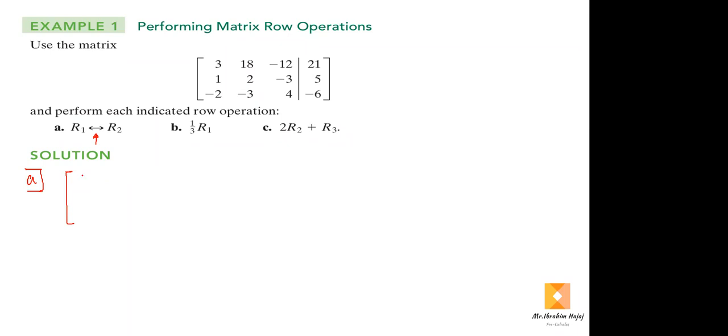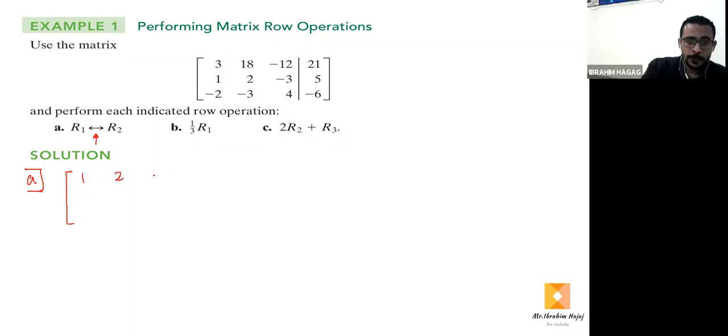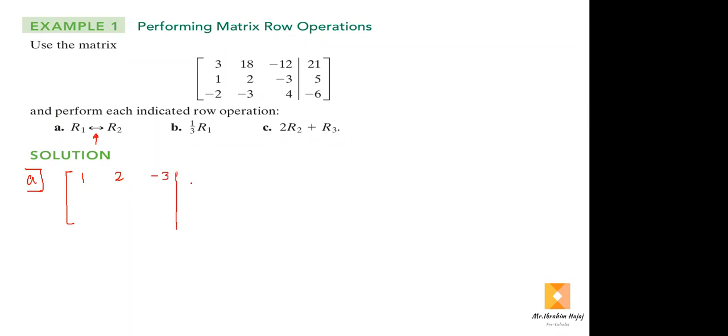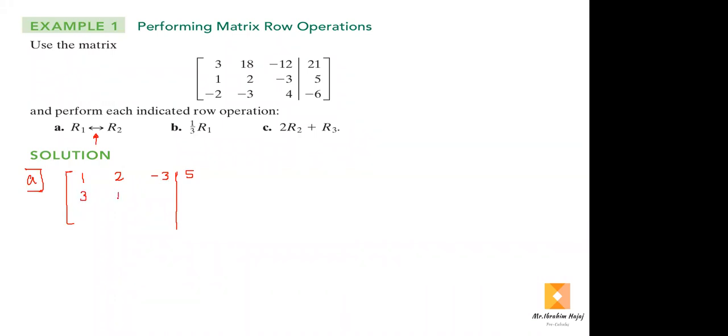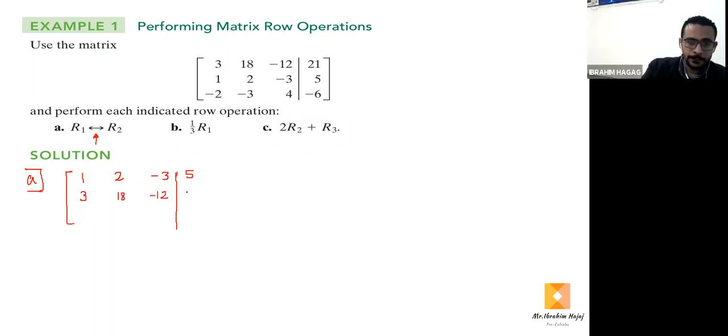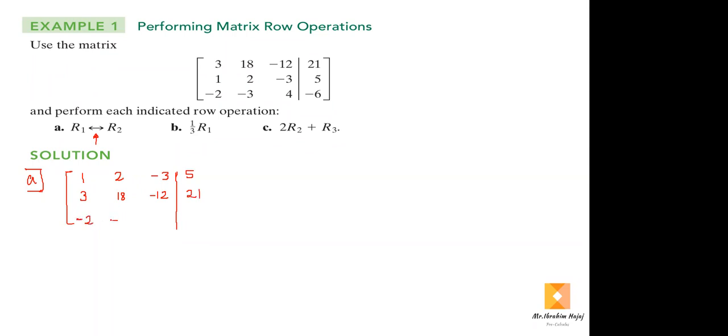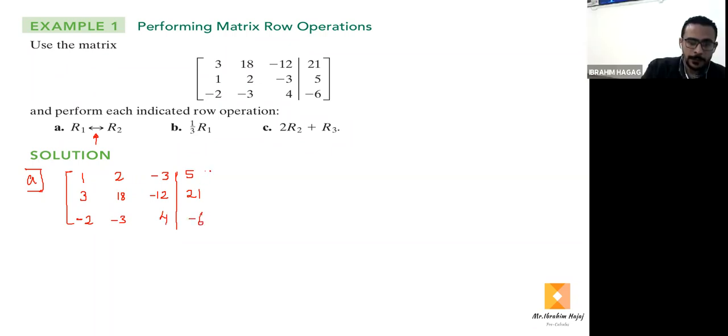So we have 1, 2, -3, -3, 5, and then 5 equals 5. Then 3, 18, -12, and 21, and leave the third row. This is letter A: R1 interchanged with R2.